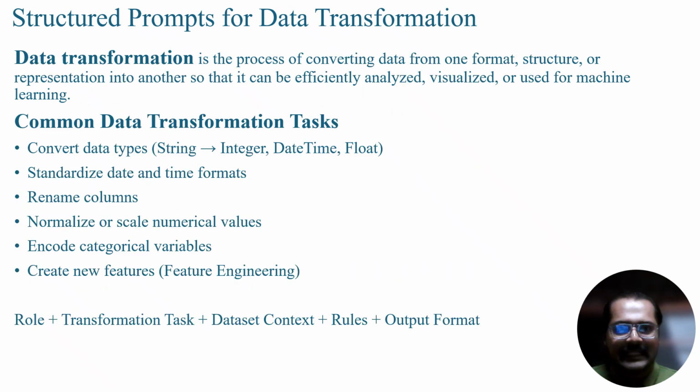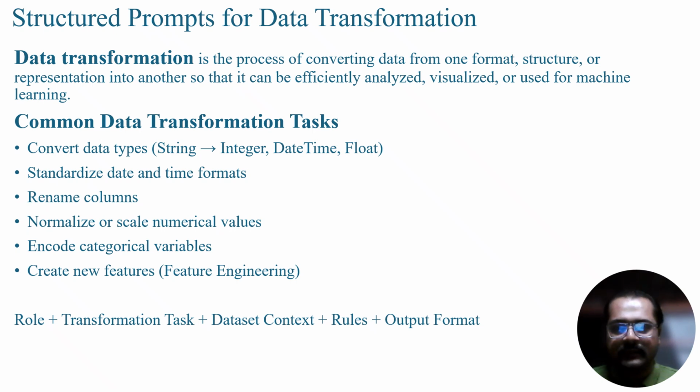Let's see data transformation. After cleaning, you need to transform the data to a specified data type, for example string to integer. Data transformation is the process of converting data from one format, structure or representation into another so that it can be efficiently analyzed, visualized or used for machine learning.